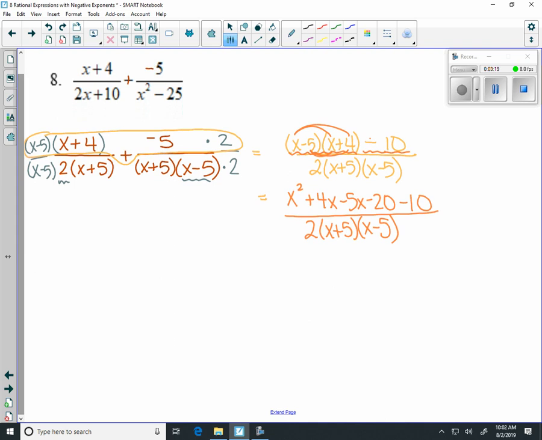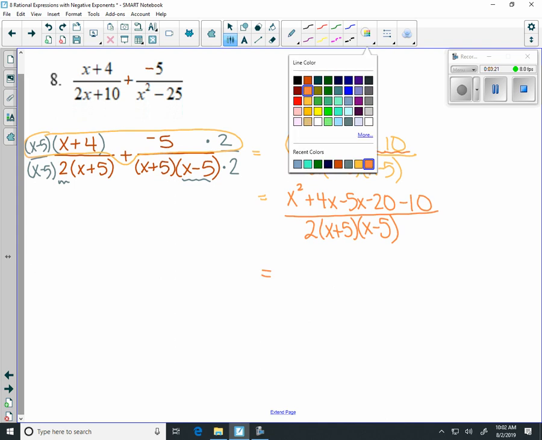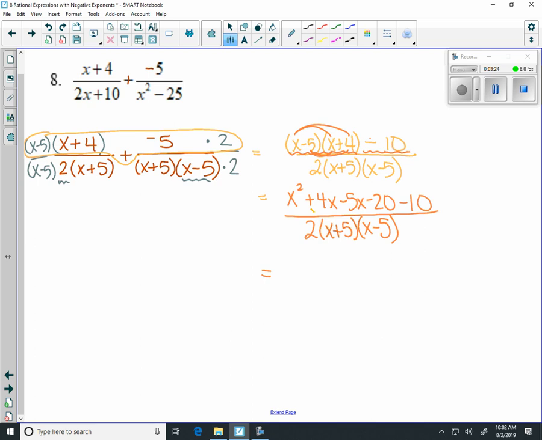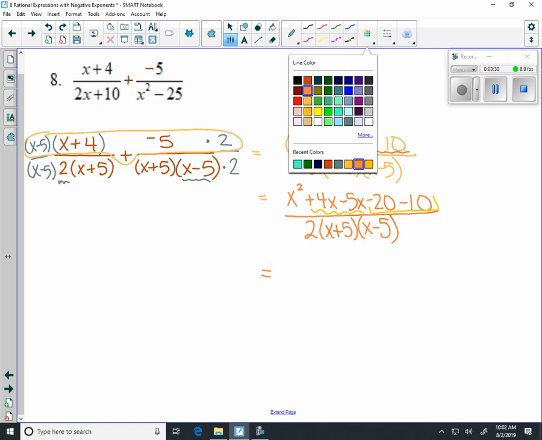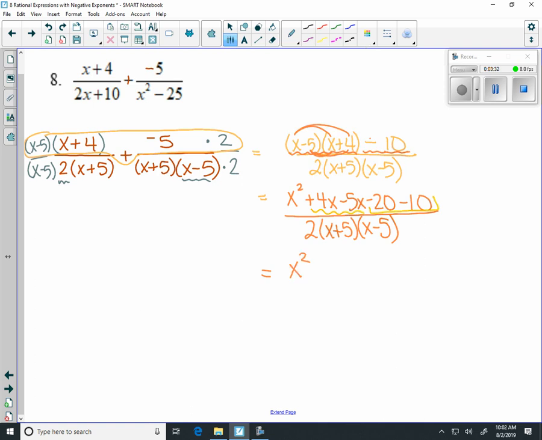All right, and now we're going to combine our like terms. My like terms up here are my middle terms from my multiplication and that negative 20 and negative 10. So x squared is just hanging out. Plus 4 minus 5 is my negative 1x. And then negative 30.